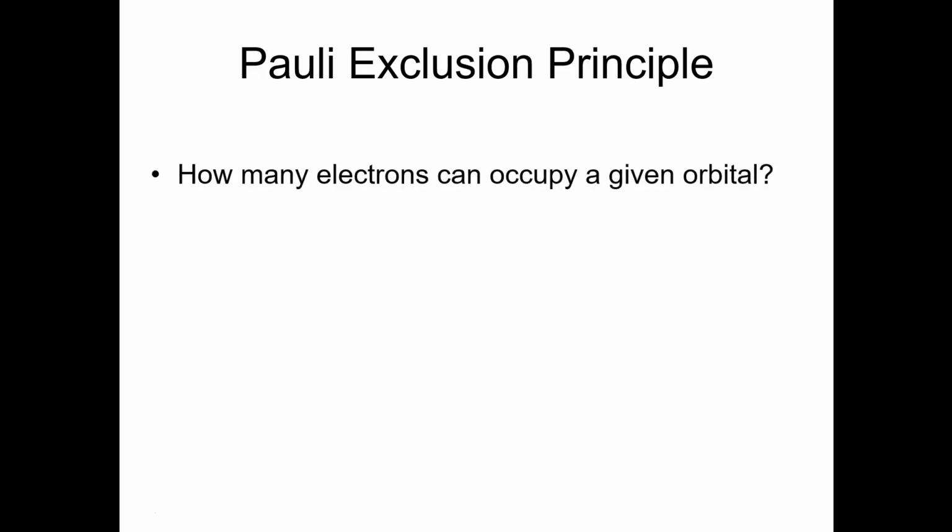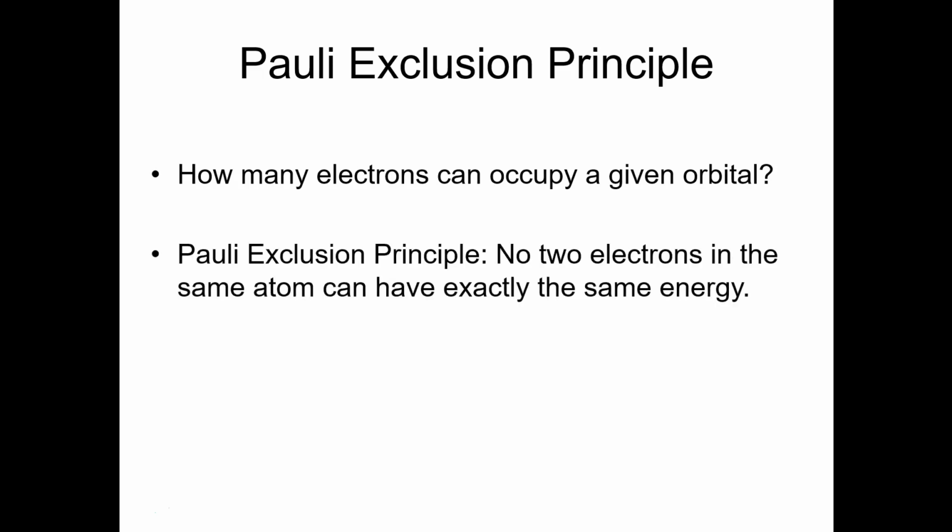Well, let's talk about the question of, all right, we've talked about these orbitals. We've identified them by name, 2p, 3p. We can associate that with a set of quantum numbers. The question is, how many electrons can occupy a given orbital? Well, to answer that, we have to state what's called the Pauli exclusion principle. The Pauli exclusion principle is that no 2 electrons in the same atom can have exactly the same energy.